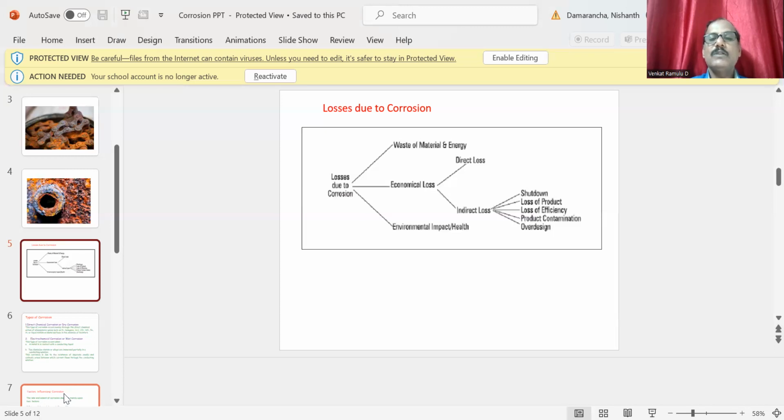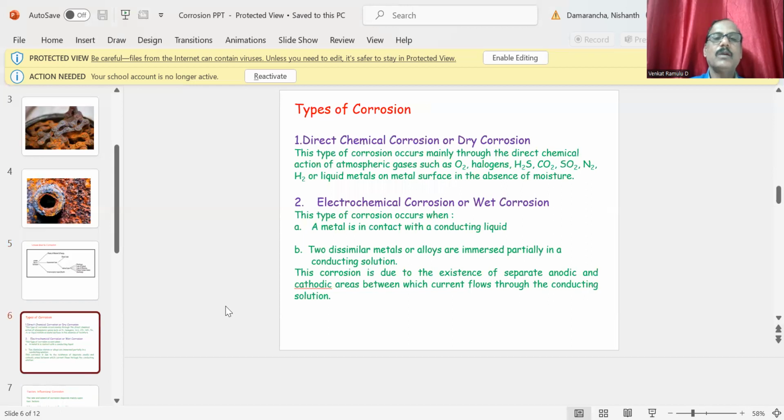That poisonous gas affected the environment very badly, and it also affected so many people. The health of the people was affected very badly. So there are different types of losses: material loss, economic loss, and environmental and health related loss is also possible by corrosion.